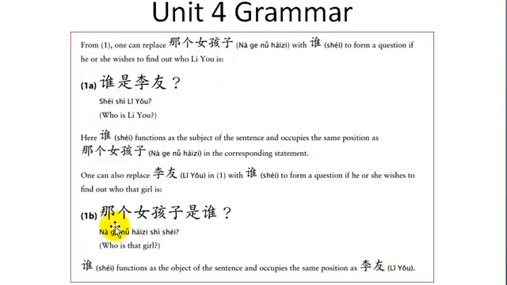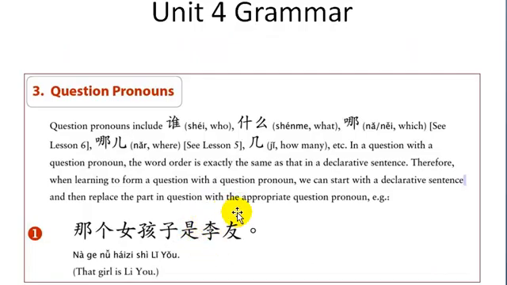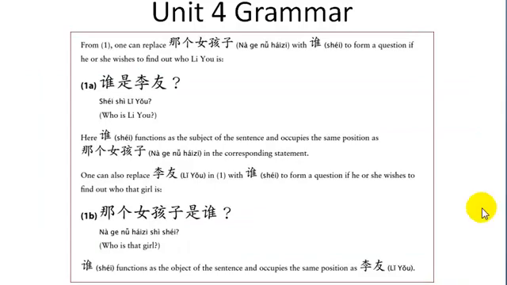Here's what I was just talking about in the previous slide. We had as a statement 那个女孩子是Leo. And if you want to say who is that girl, then you say 那个女孩子是谁? So this 谁 simply replaced Leo in the statement. They're pointing out here that there are two questions you could ask.